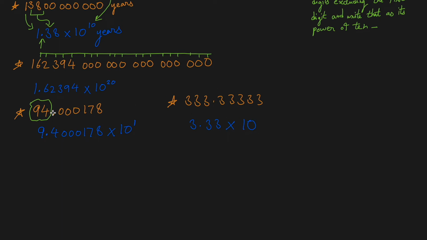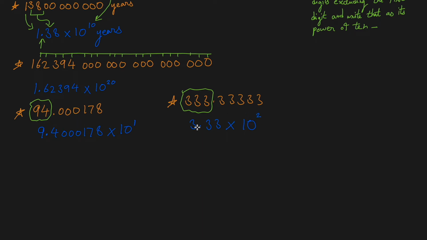As you already know, the point here, we will neglect it. If the value is greater than 1, we will neglect it all. So neglecting this and only focusing on this value, how many digits after the first digit, neglecting this very first digit? We will have only 2 digits. So this will be ten to the power 2.